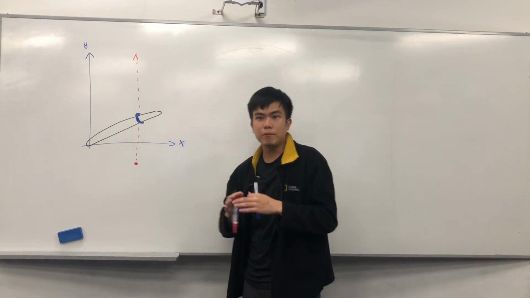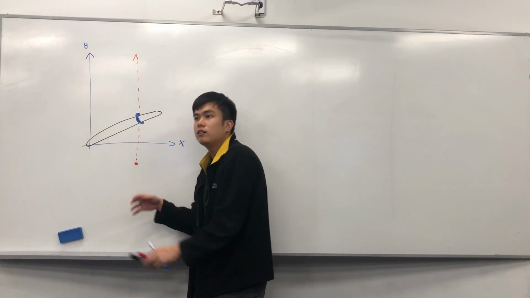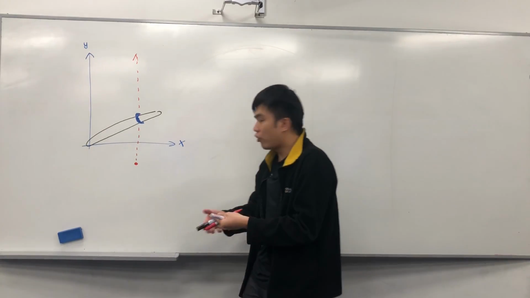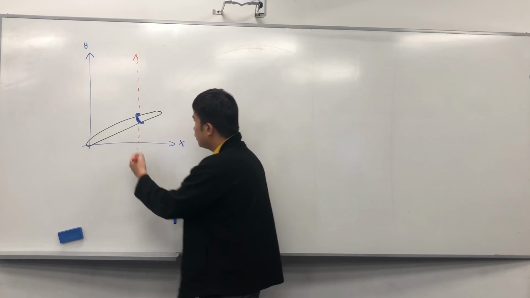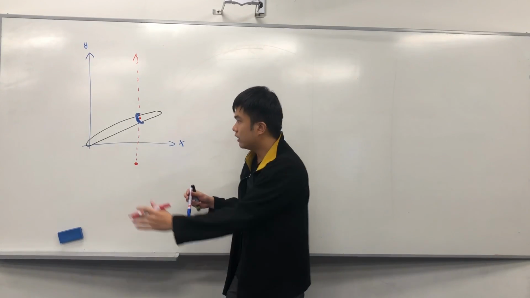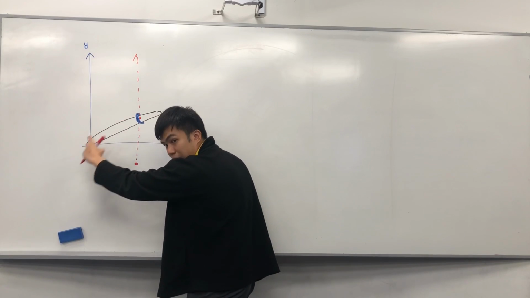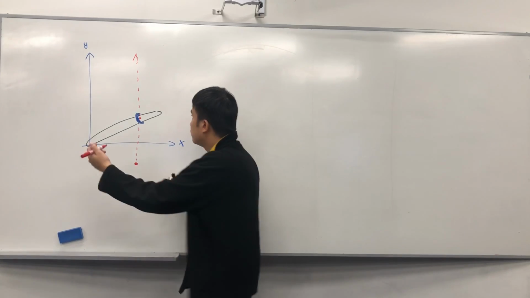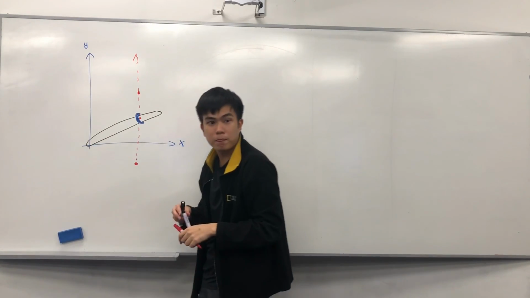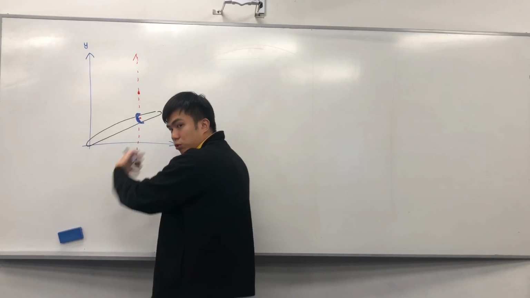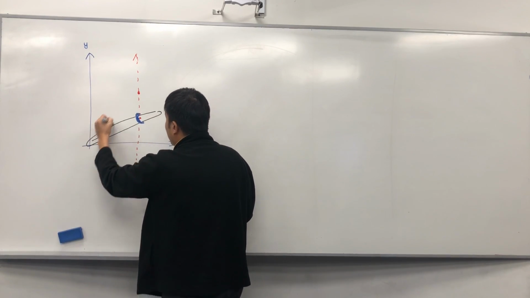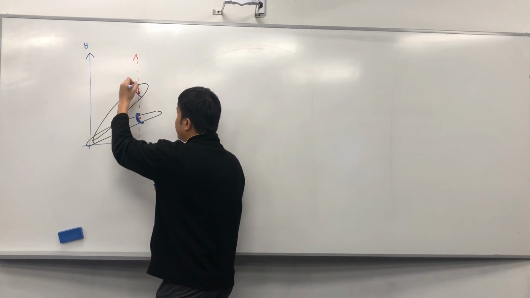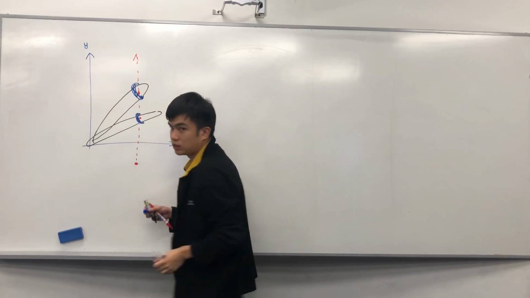If I want to model the motion of the particle, the idea of modeling the motion of a particle is basically tracing the particle. Makes sense, right? For example, when the particle reaches this point here, I adjust my rod to this position and I slide my ring so that the ring coincides with the point. Subsequently, when time progresses, the particle moves to this position here. In order to follow the motion of the particle, I also rotate the rod up to a certain angle, and then I slide the ring so that it coincides with the particle again.